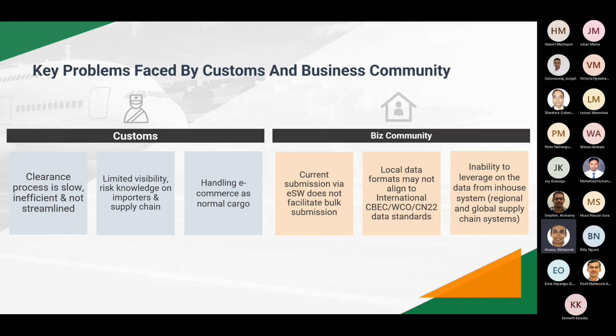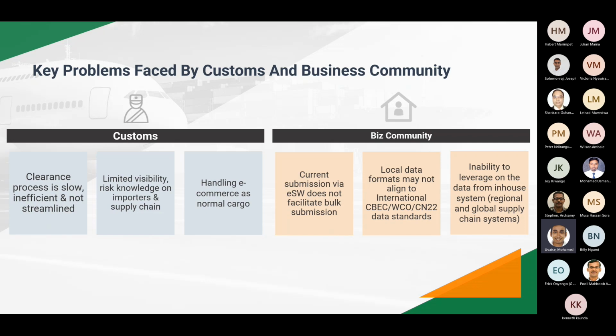For the business community, what would this entail? The typical single windows may not facilitate bulk submissions for high volume e-commerce shipments. The data models that are available may not be simplified, and there would be quite a lot of data requirements to fulfill for e-commerce shipments.